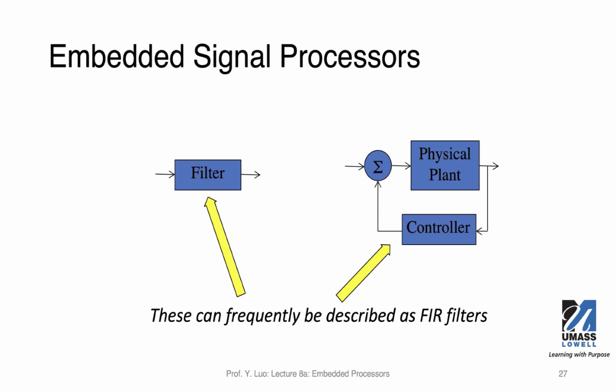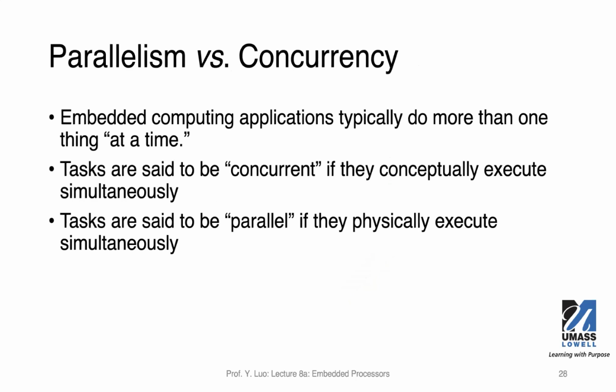We can apply to different input signals to emulate different designs of filters, not only low pass filters, but in some cases high pass filters and so on. All right, so that was a discussion about digital signal processors.